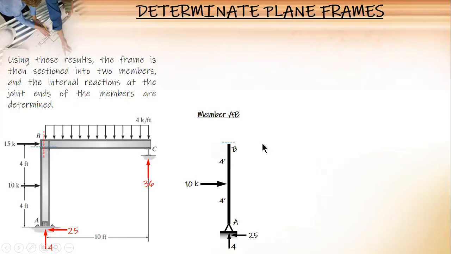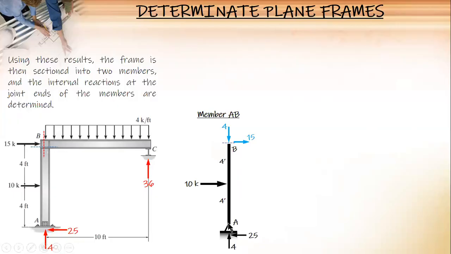Balance, let's see, no? We have 25, we have 10, so you are short 15 to the right. Right? And then upward 4, downward 4. And then moment. So for moment at B, we only have two forces that can produce moment, 25 and 10.